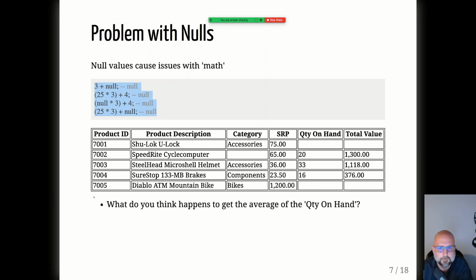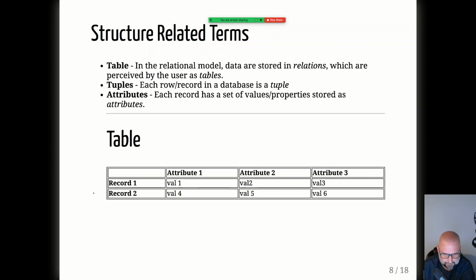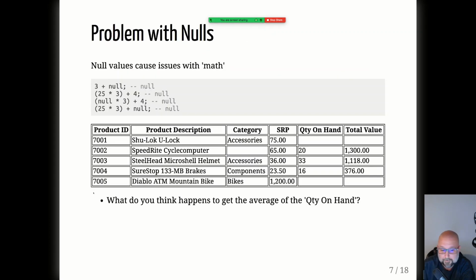A quick question. I'm sorry, you might have already answered this, but what exactly is an empty string? Do I talk about that soon? Hold on, let me check. I referenced it, but I don't explicitly talk about it. An empty string is a string with no characters in it.